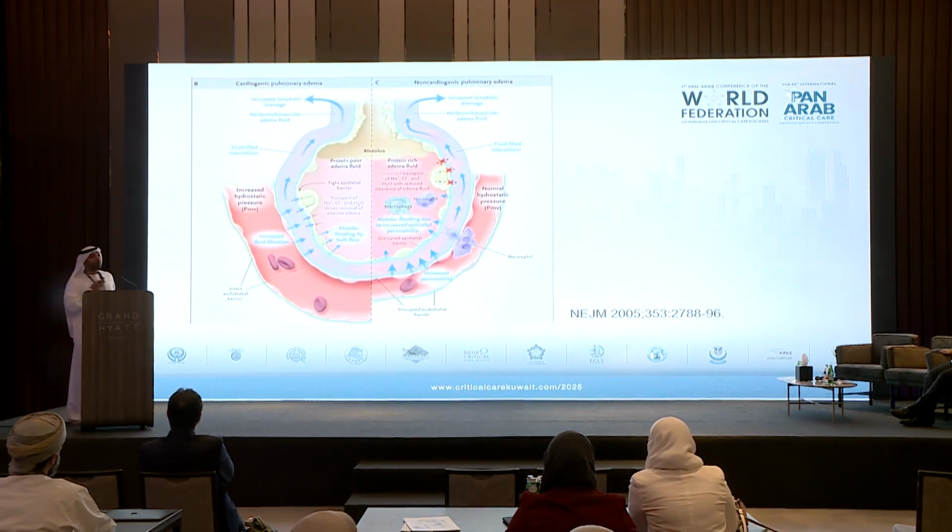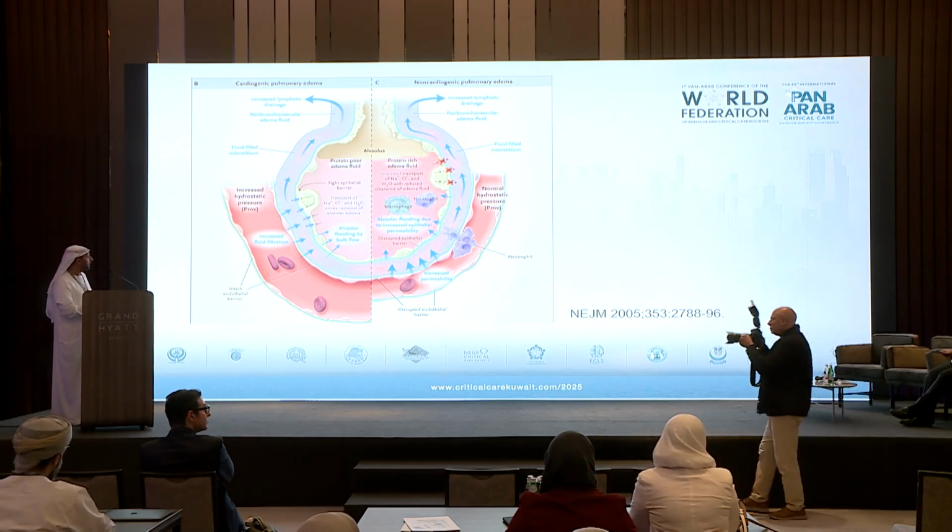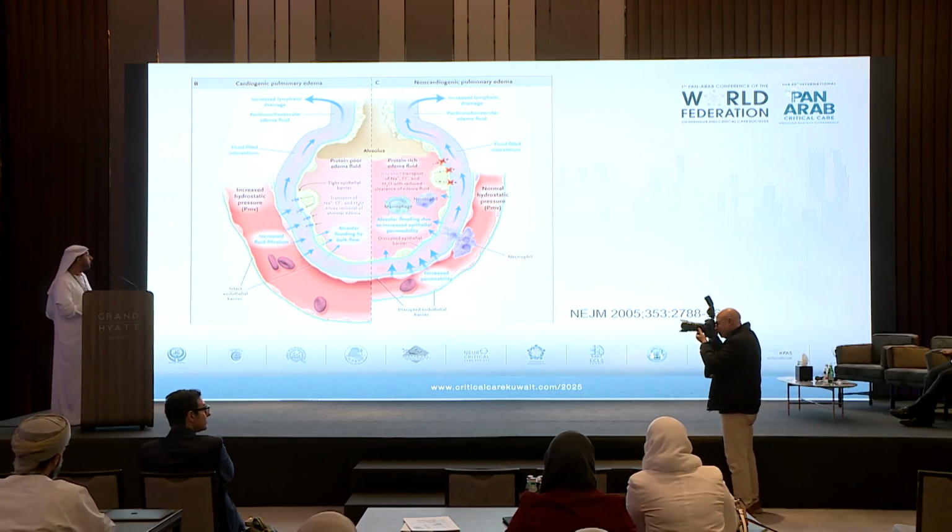One of the important physiologic differences you need to understand is the difference between pulmonary edema and ARDS. In ARDS we said that there is alveolar edema in addition to interstitial edema.